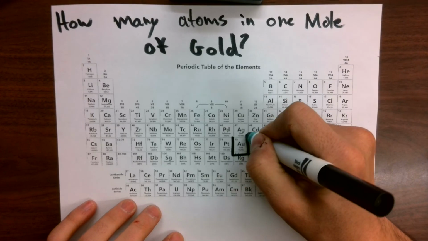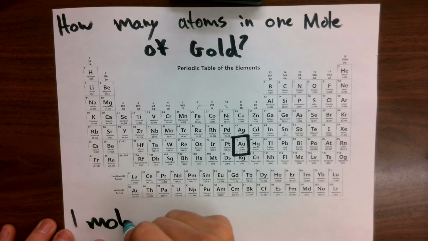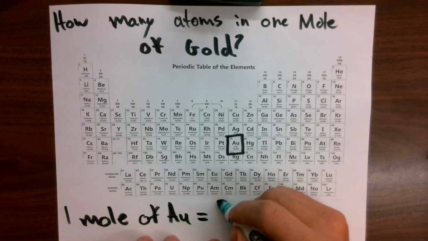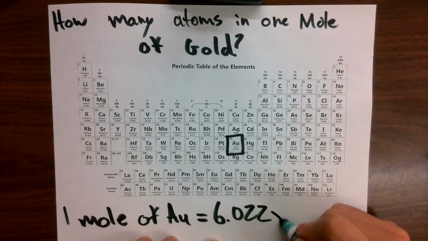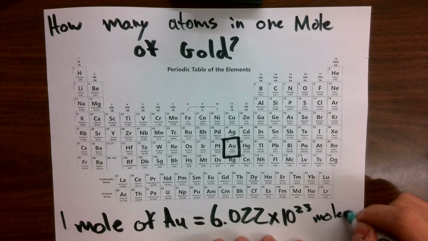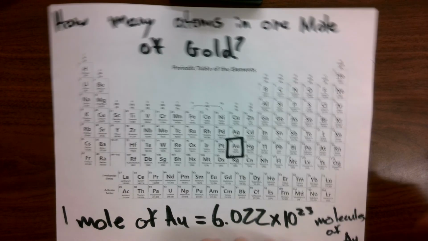So here we go again. 1 mole of gold, Au, is equal to 6.022 times 10 to the 23rd molecules of Au.